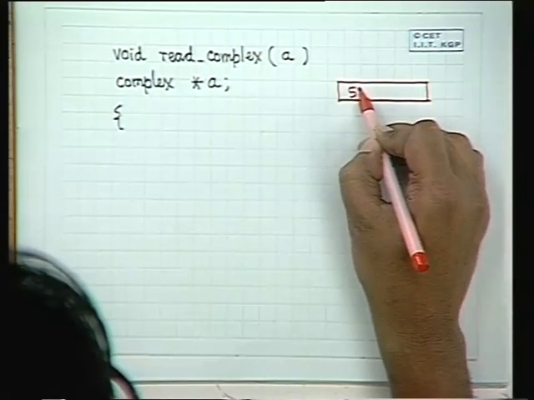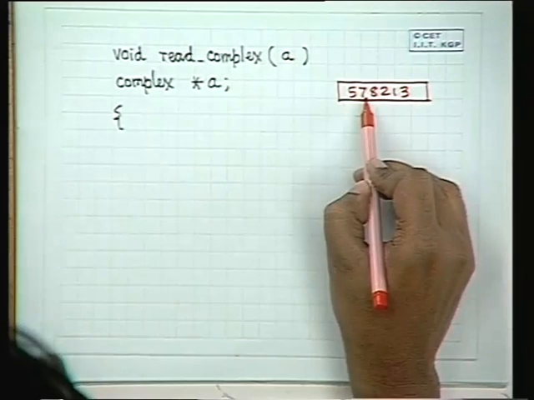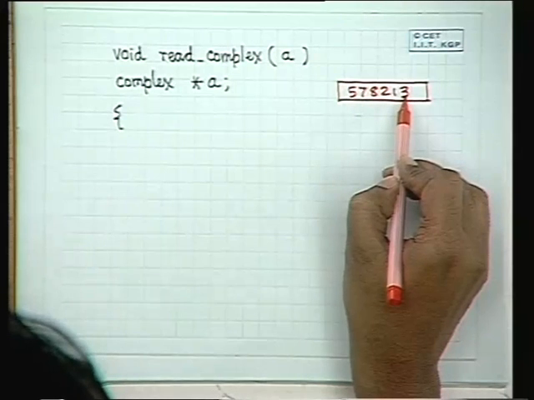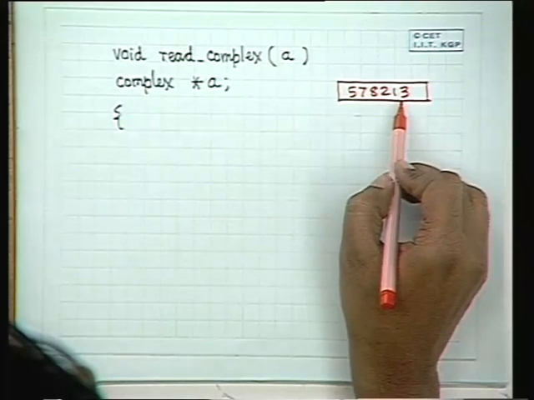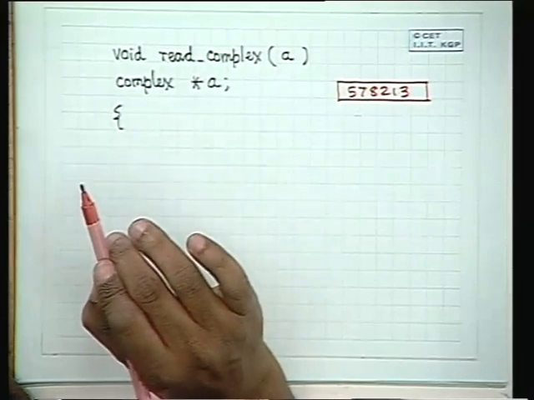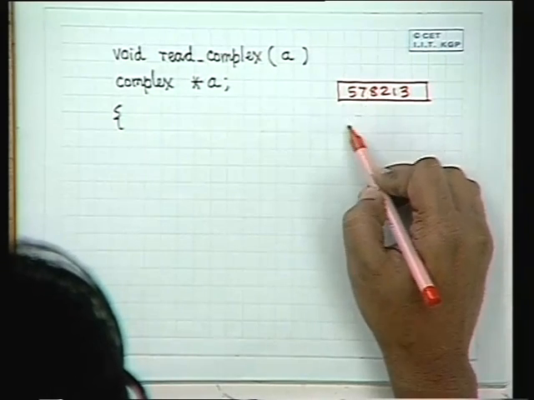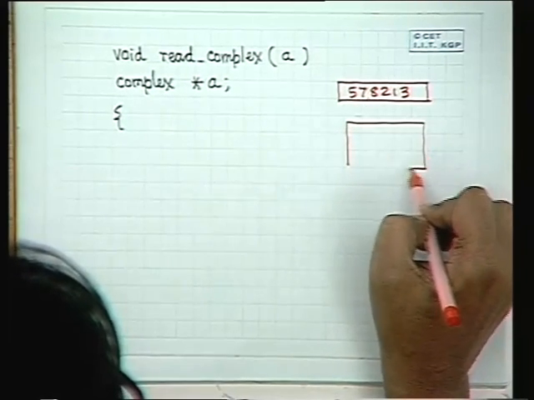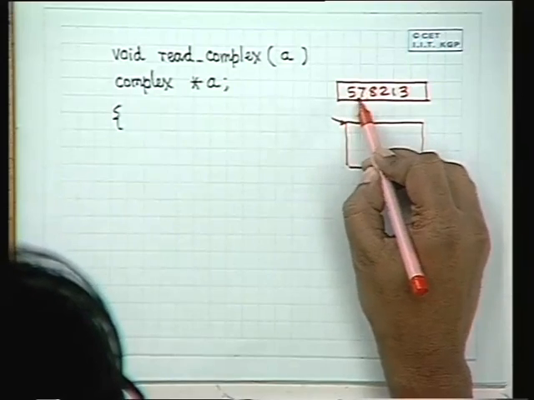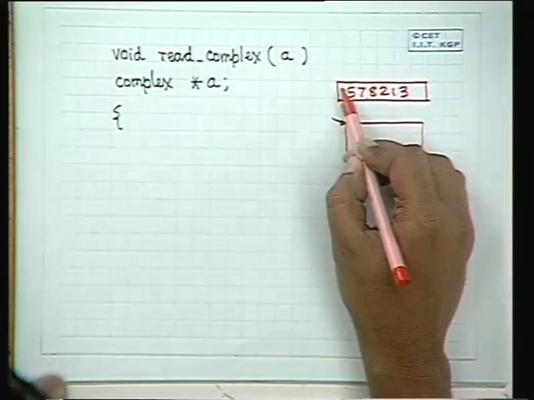Suppose the content is 578213. This content is the address of a complex number, so this content is the pointer to a complex number. If there is a complex number which starts from 578213, then this variable A will contain this location.